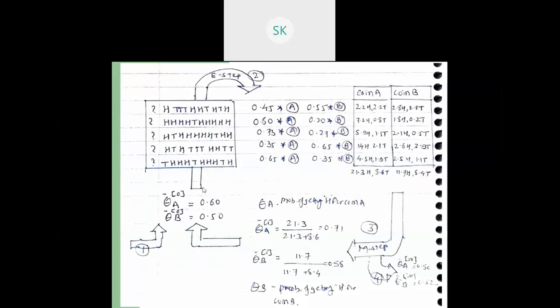Continue this 1, 2, 3, right? When we get constant, the same values of these two, then at that time we need to stop. Now with respect to this example, theta A comes 0.80, theta B becomes 0.50. 10 iterations is enough. After the 10th iteration, you will get this value. Okay. Then we need to stop here.